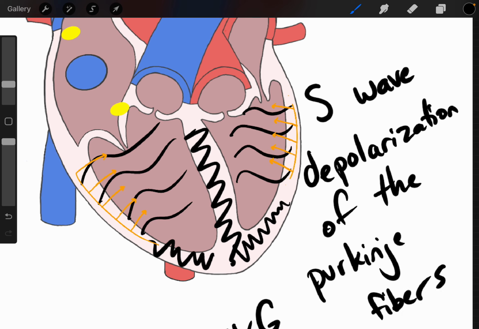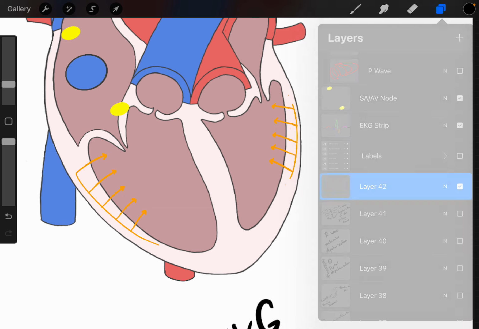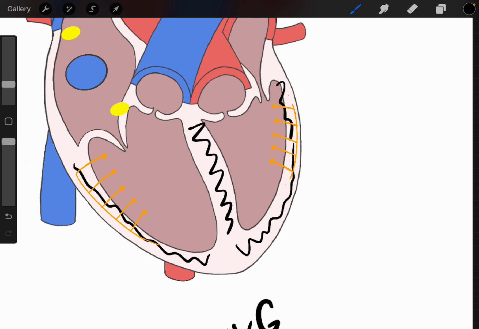Now, what are the Purkinje fibers? So, on the heart, you've got nerves that run all through the muscles of the ventricles. Okay, so for example, you have nerves that run all through this area. You've got nerves that run all through this area, all through this area, all the way up.